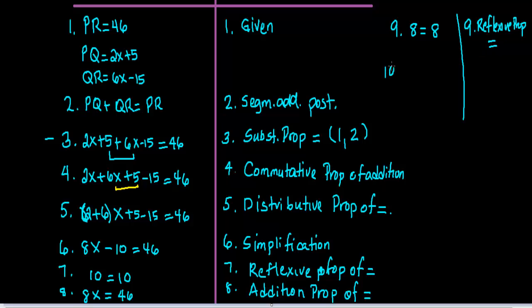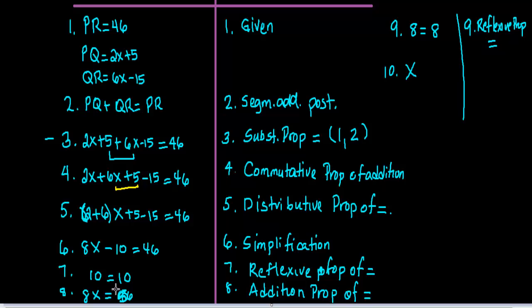And for statement number 10, now I can divide by 8 on both sides. And when I do that, I end up with x is equal to, whoops, this isn't 46. I'm sorry, this is 56. 46 plus 10 is 56. Let me fix that.